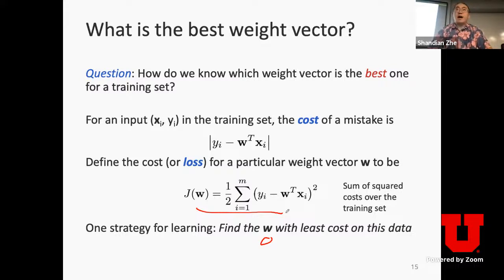You can definitely define other cost functions. Here we use the square of the absolute difference between the prediction and the ground truth as our cost. In some other works, they take some power Q, where Q is less than 2.